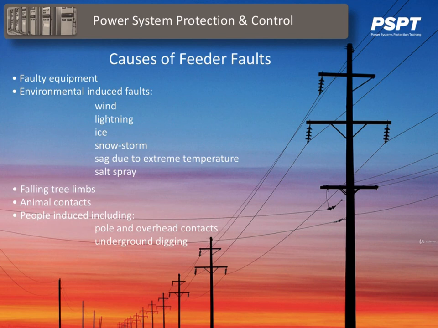Basic feeder protection principles are well known. Phase and ground overcurrent usually function reliably to detect most faults. Reclosing is often applied to restore service following temporary faults on overhead circuits. The challenge in feeder protection is reliable operation during unusual fault events such as high impedance ground faults and adjacent feeder faults.